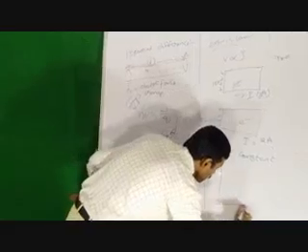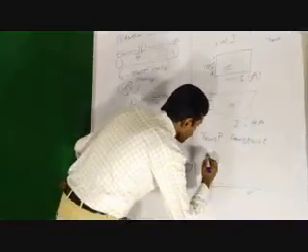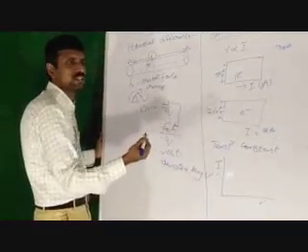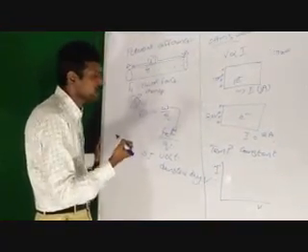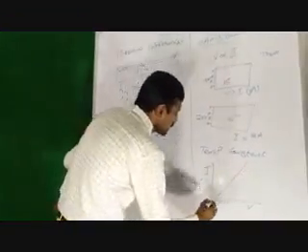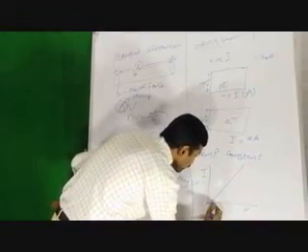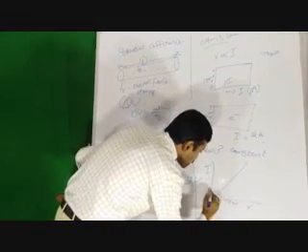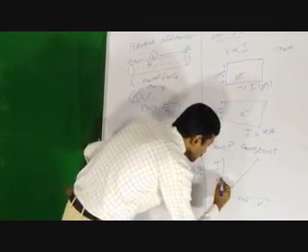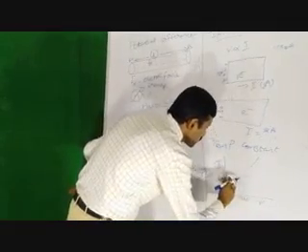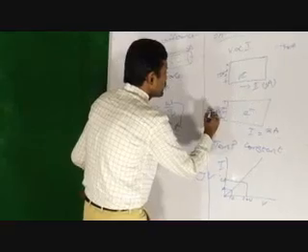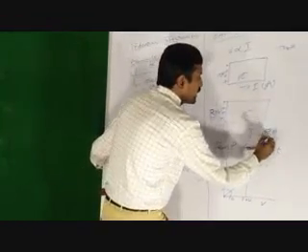For example, voltage and current. This is the VI graph. For example, 10 volts, 1 ampere, 20 volts, 2 amperes, and 80 volts, 8 amperes.